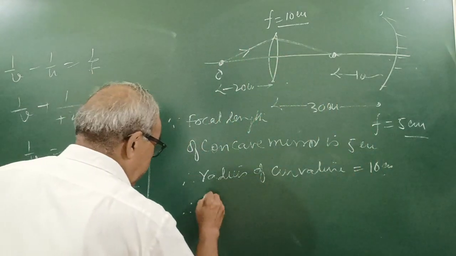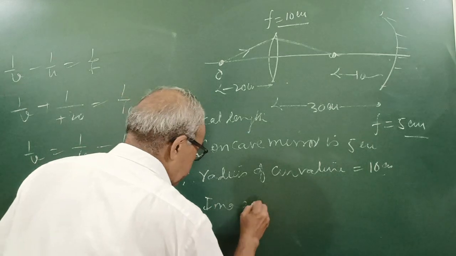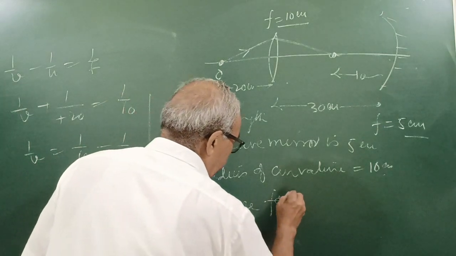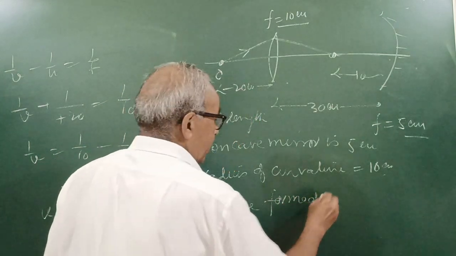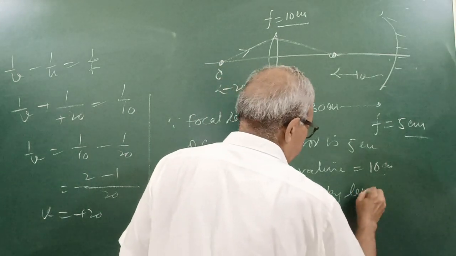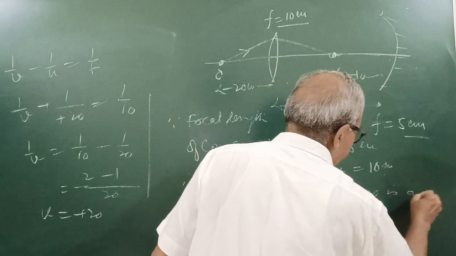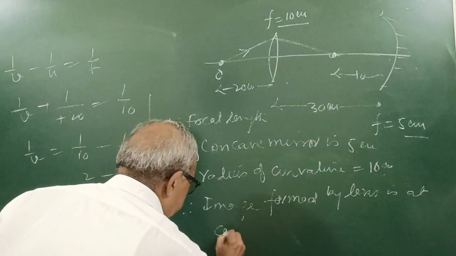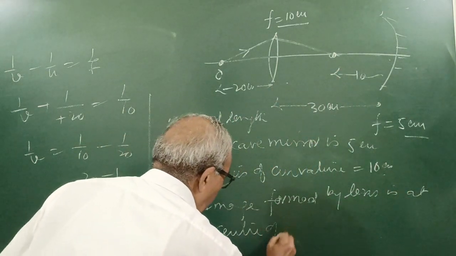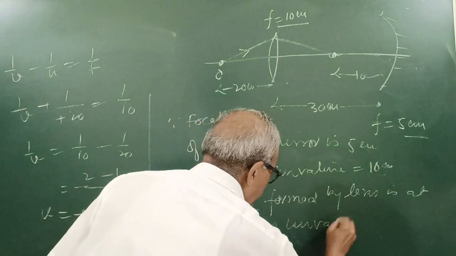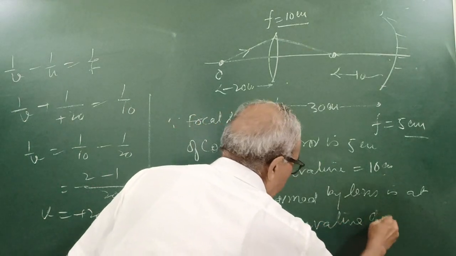Therefore, the image formed by the lens is at the center of curvature of the concave mirror.